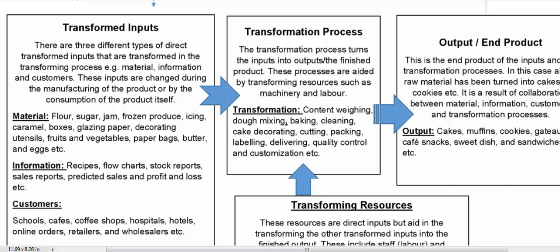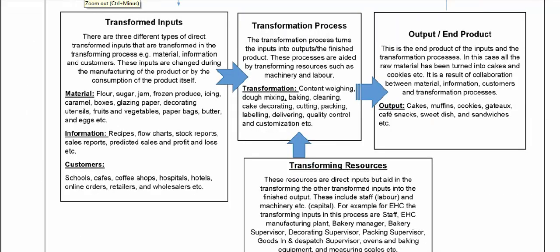This one is a bit more discriminatory, so there's some categorization of inputs and some things that are actually quite useful to the business, for example recipes, stock reports, etc. Customers, in this case, is incorrect, because it's not like a retail business where customers are flowing through the factory.